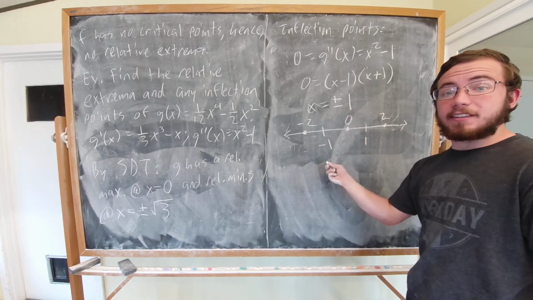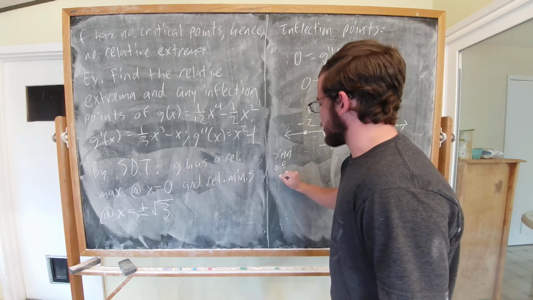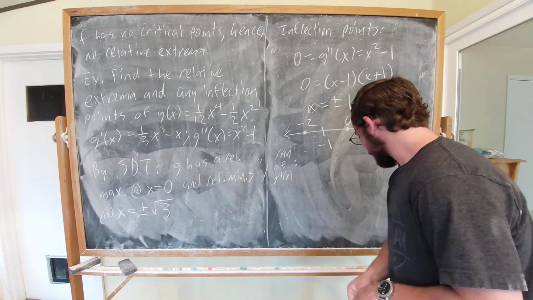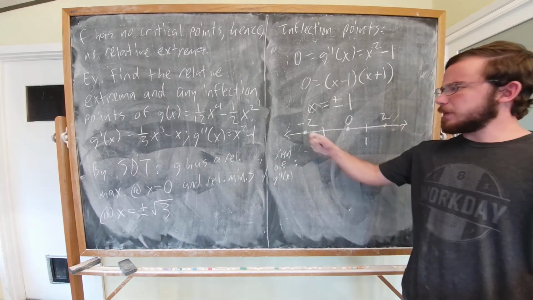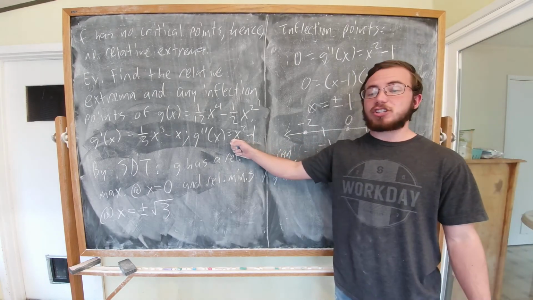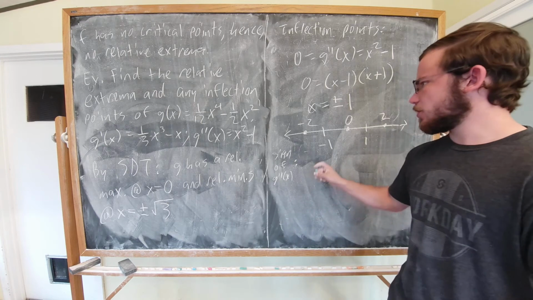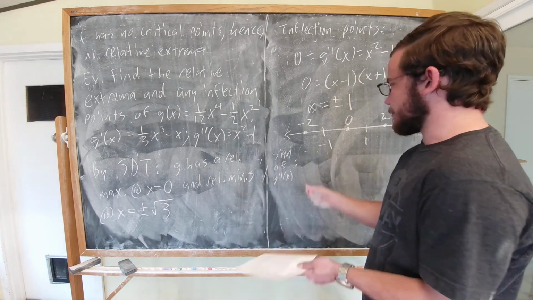And we're again checking the sign of g double prime. Alright? So, if you plug negative 2 into g double prime of x, you get 4 minus 1, which would be 3, aka a positive number.